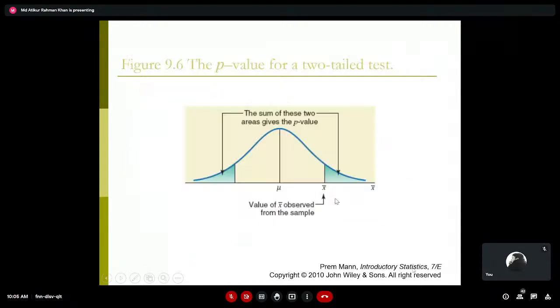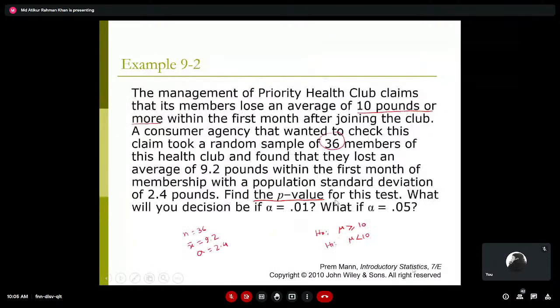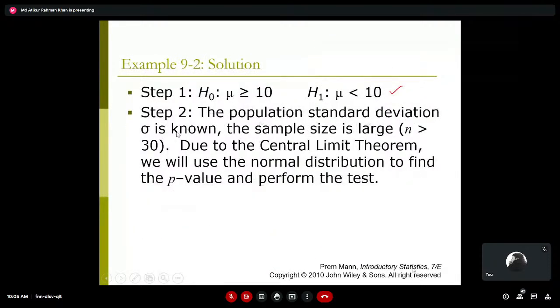First, these assumptions have been provided here. The population standard deviation sigma is known. Then again we find n is greater than 30 in our case. So what shall I do? You can use the central limit theorem.